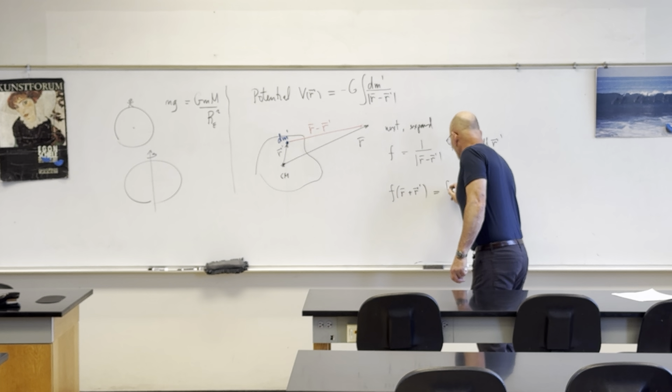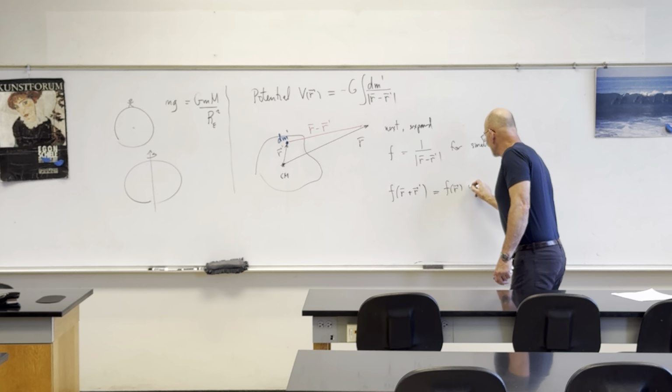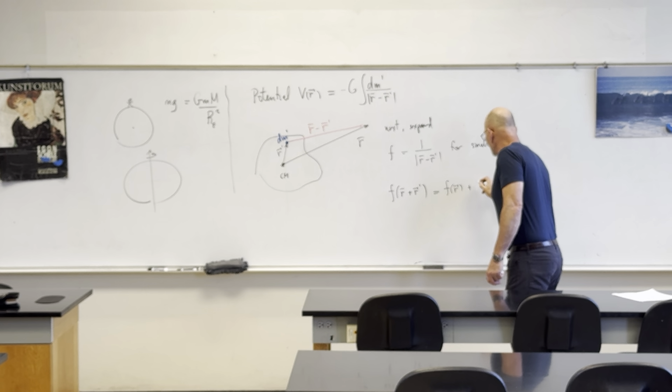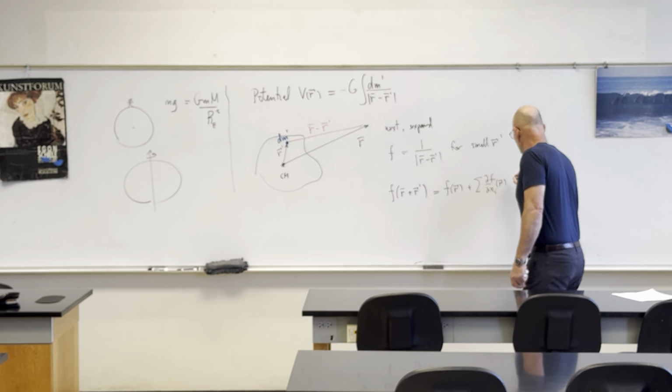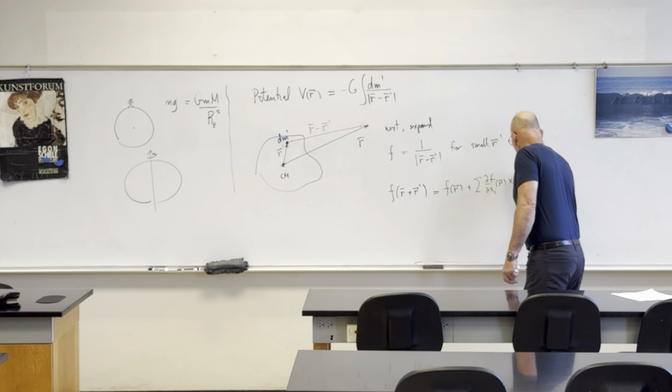Then we would formulate our Taylor expansion this way. We'd have f of r plus the sum over i equals 1 to 3 of the partial of f with respect to x_i evaluated at r, times x_i prime.